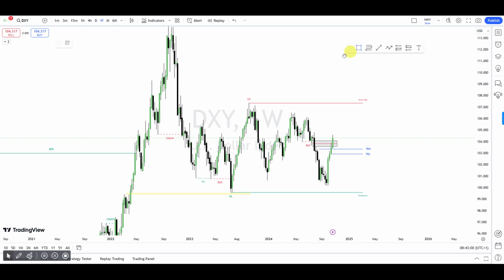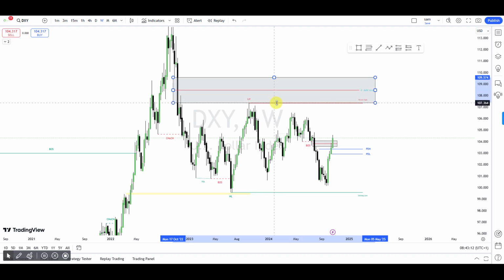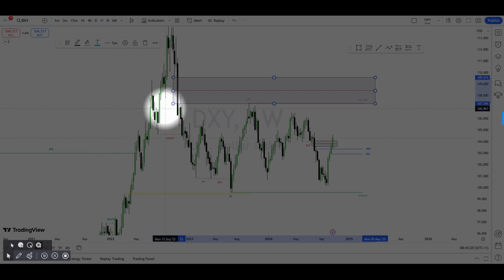there is a fair value gap up here. Initially, I would have said there's one here, and this guy has touched into the fair value gap, and really this should be how it should be drawn, right?